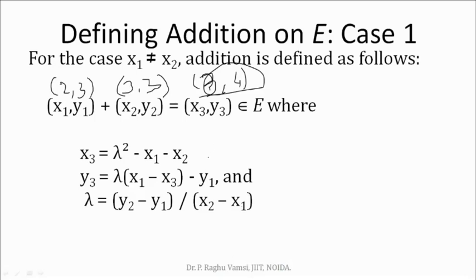So that is the reason all the calculations must be moduloed with p. So you have calculated lambda. This one also should be moduloed with p.